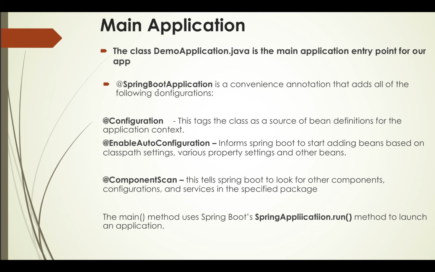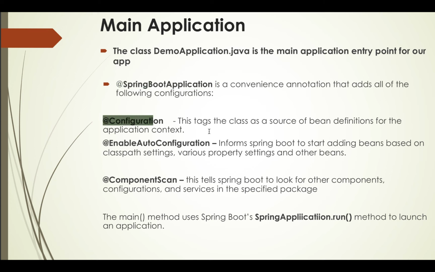The class DemoApplication.java, being the main application entry point, has a number of very important annotations. One of them is the @SpringBootApplication annotation, which adds all of the following configurations.